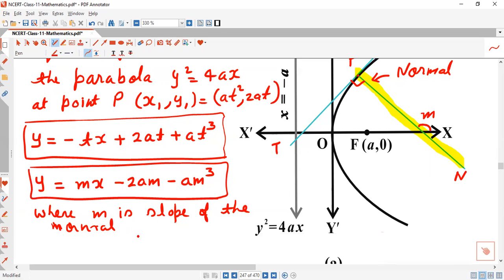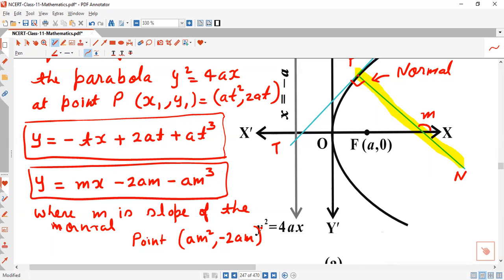The point here is not this at square, 2at. The point is am square comma minus 2am. The point is different. You see, this one is not at square, 2at. This one is am square, minus 2am. This is the point of contact where we are drawing the normal.